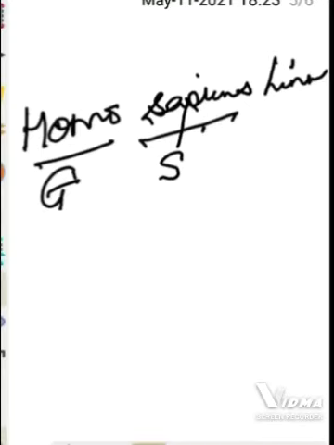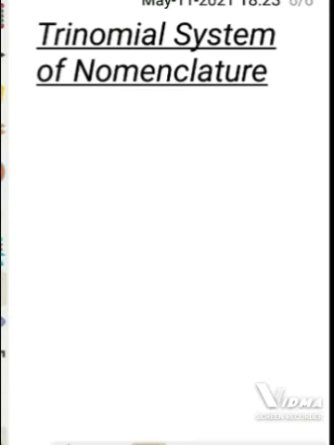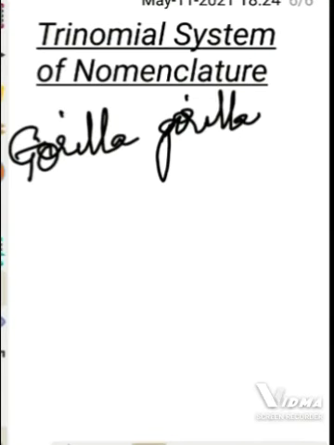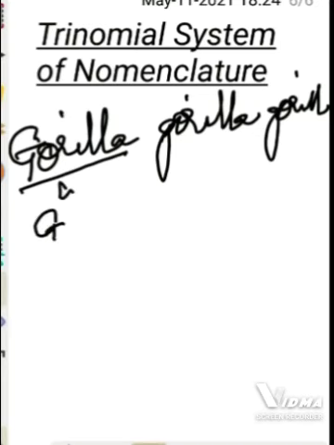Then let us do the next one, that is the trinomial system of nomenclature. Now what is the trinomial system of nomenclature? From the word we can understand that there are 3 names assigned to a particular organism. We can take one example: Gorilla gorilla gorilla. The first gorilla is the genus, the second is the species, and the third is the subspecies.